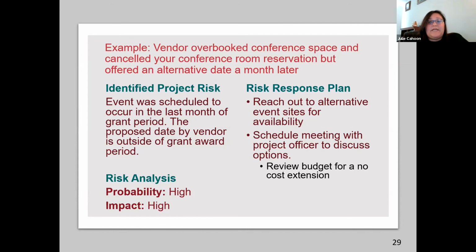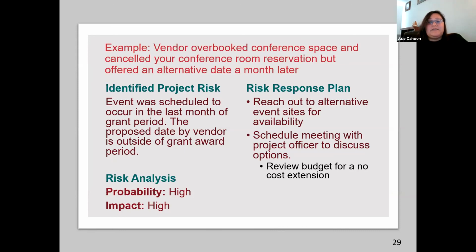Okay, and the next example here is you're working with a vendor, and this is perhaps pre-COVID because it's about meeting space, but the vendor overbooked conference space and canceled your conference room reservation, but offered an alternative date a month later. So the identified project risk here is that the event was scheduled to occur in the last month of the grant period, and the proposed date by the vendor is outside of the grant award period.